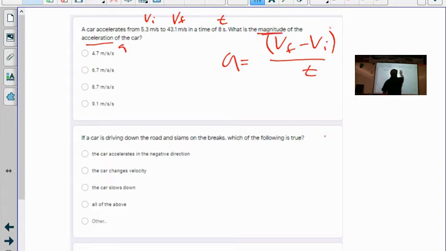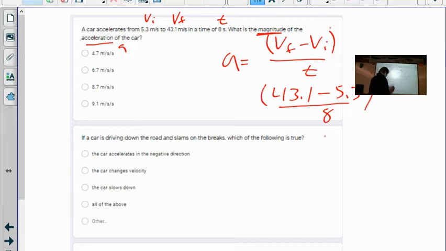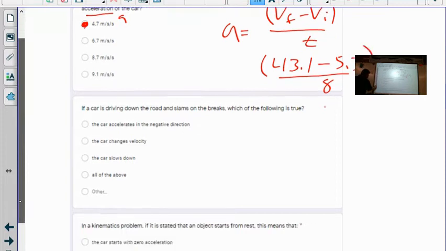Again, it asks for magnitude, so I don't care about negative signs if there were any. But as I plug this in, I'm going to have 43.1 minus 5.3 divided by 8. If I do that out, I'm going to get 4.73. So right here, 4.7 meters per second per second.